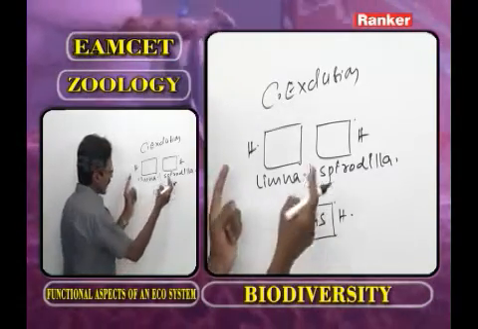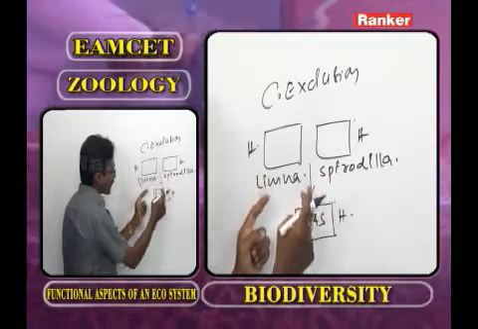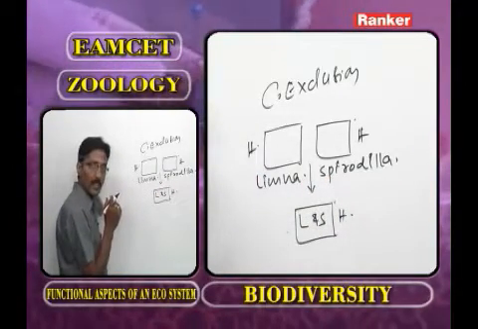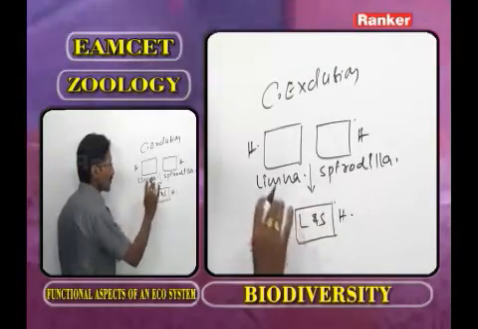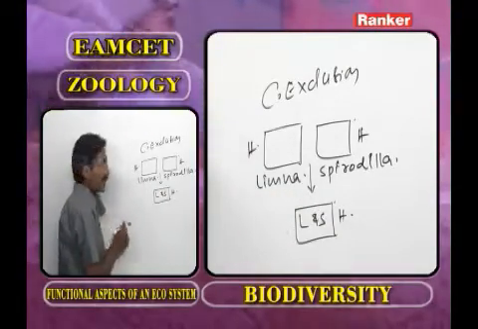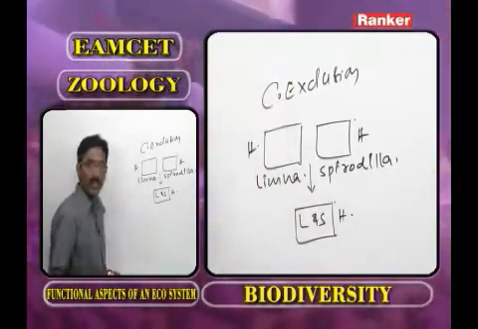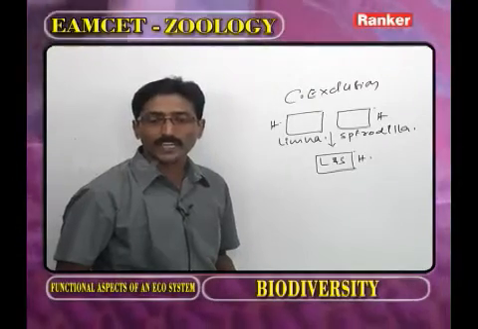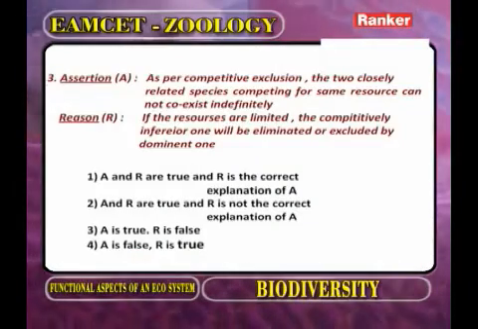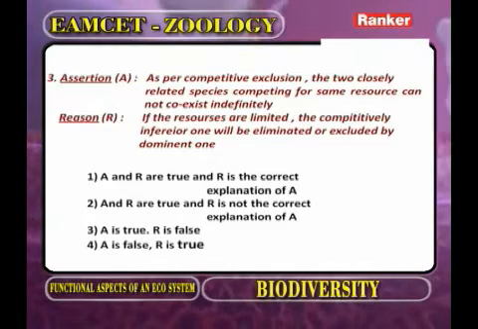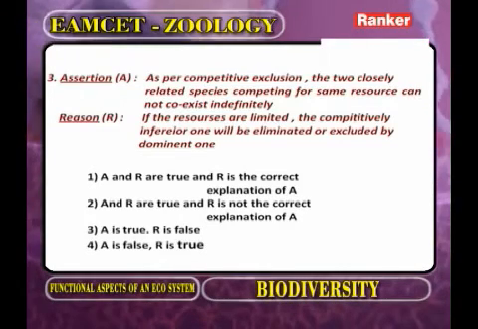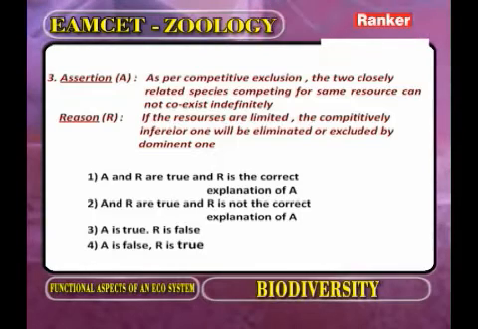That means whenever two independent species are kept in the same habitat, the species that is superior removes the inferior one. That we call competitive exclusion. Now again repeating the assertion. As per competitive exclusion, the two closely related species here, Lemna and Spirodela, competing for the same resource cannot coexist indefinitely.